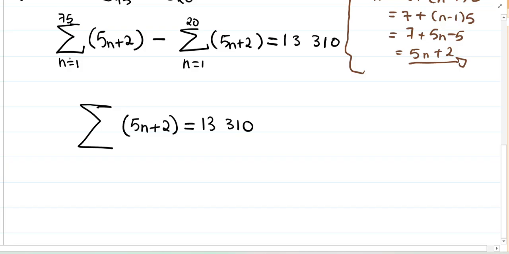It initially started from 1, it ended at 75, and then we subtracted the one that started from 1 and ended at 20, meaning that we need to continue from 20. The number that follows 20 is 21, and then we are still ending at 75. So this is our answer for 2.1.2.